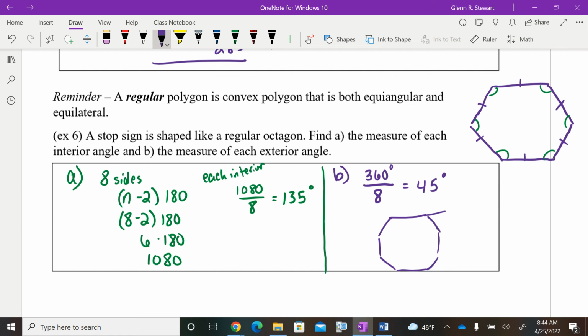If I continue each of these sides and put an angle measure to them, each of these measures would be 45 degrees, since 360 divided by 8 gives us 45. And in the interior, each of these angles inside would be 135.